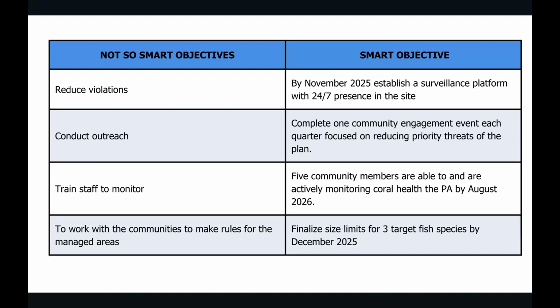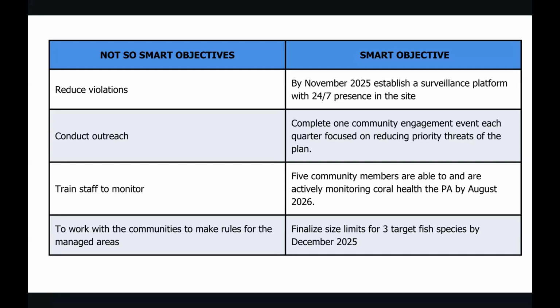Another one, work with communities to make rules for managed areas. Okay, a more SMART objective could be finalize size limits for 3 target fish species by 2025. Again, we can really clearly understand if we have achieved this. We can say, have we identified the 3 target fish species?